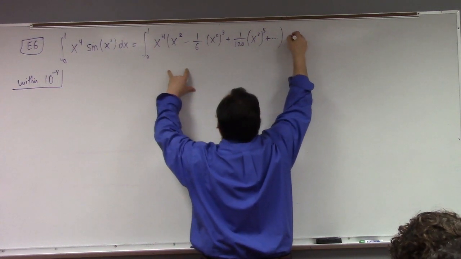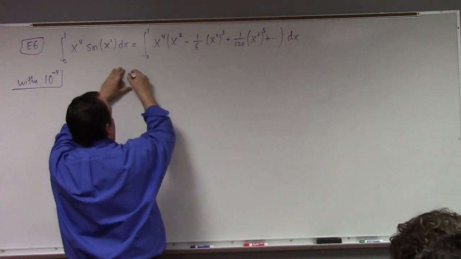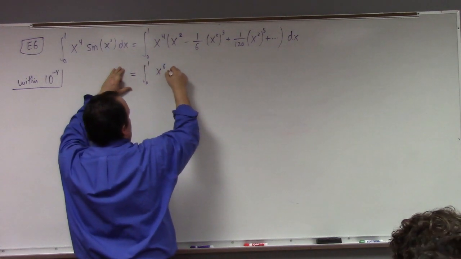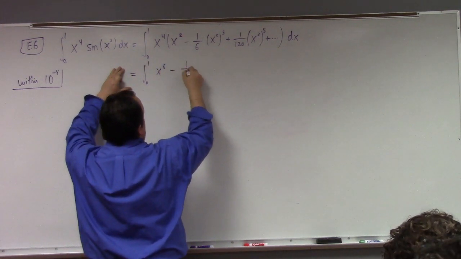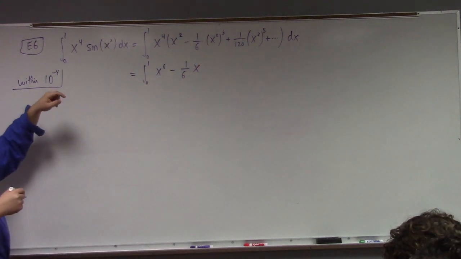I bet that's more than enough. All right. And so what you're looking at then is the integral from 0 to 1 of x to the power 6 minus 1/6 x to the what? 6 plus 4 is 10.